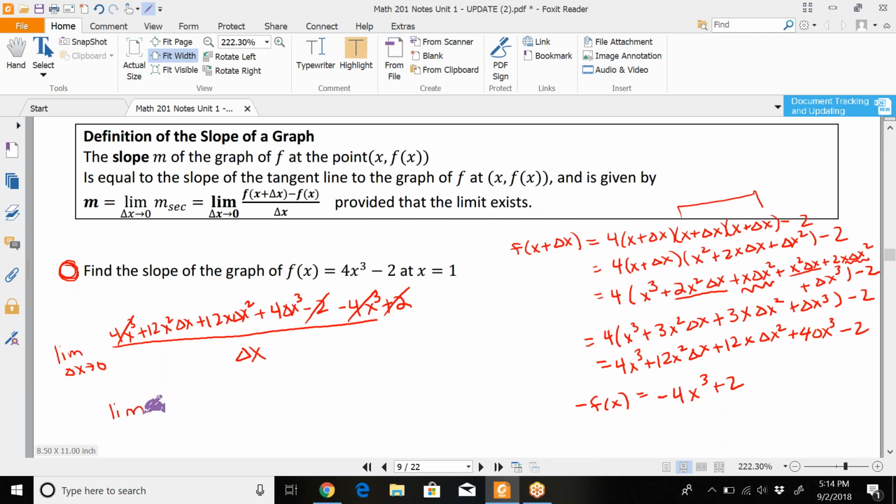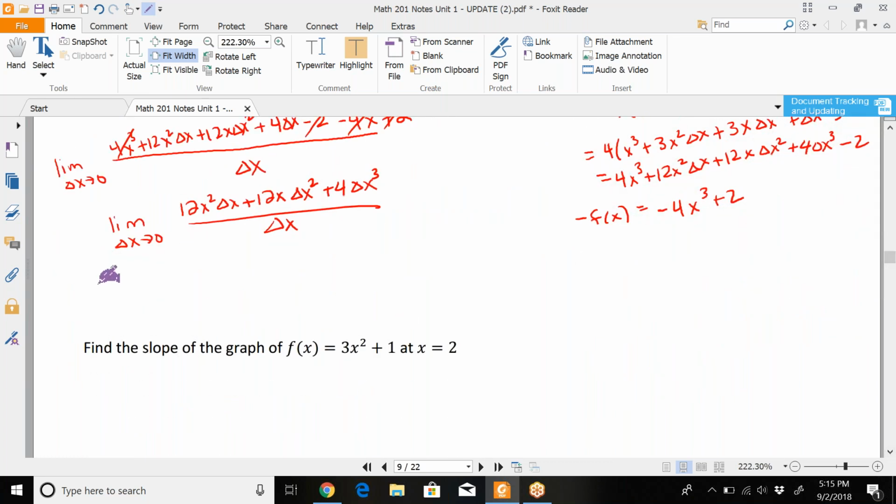So that leaves me with the limit as delta x approaches 0 of 12x squared delta x plus 12x delta x squared plus 4 delta x cubed all over delta x. Now what's going to happen here is that, remember, some of those are going to cancel out, the delta x's.